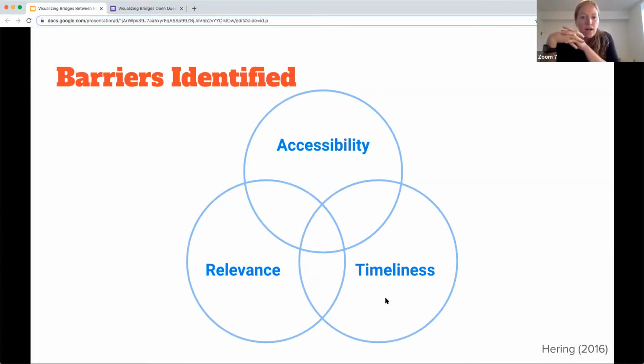Researchers are also often interested in knowledge production and theory development, not necessarily the concrete evidence that practitioners want. So relevance is another barrier. And often the way I read any of the research articles is kind of like, okay, so what? So now what? So how do I do it, right? How do I actually do this in my classroom?